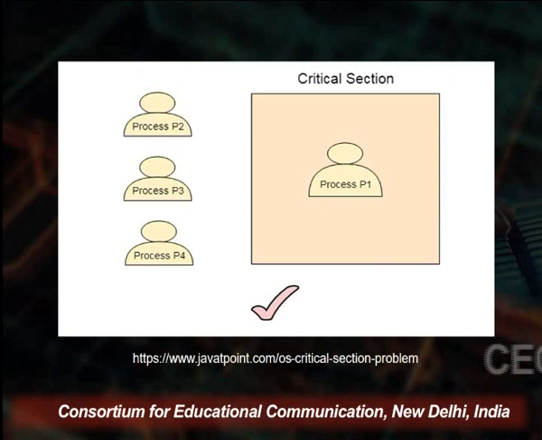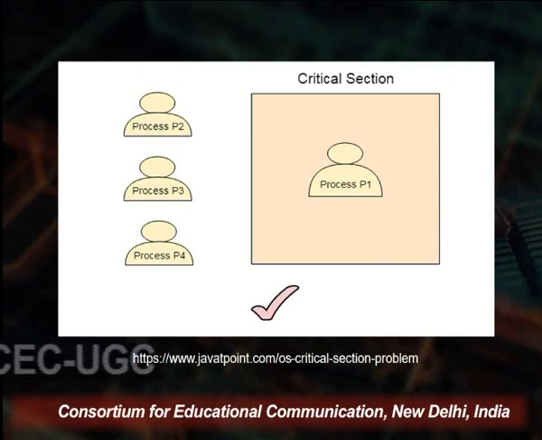Because the critical section is a section of the program in which updating of tables, writing on files, and manipulating the values of variables is happening. So if one process is in the critical section, no other will be allowed to go into that critical section at that point of time, and this can be understood with the help of this figure.